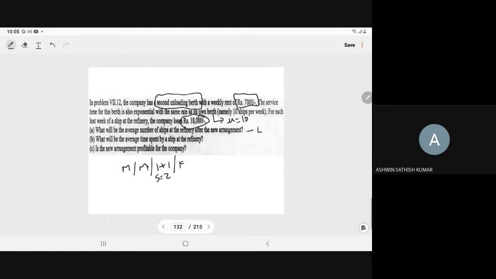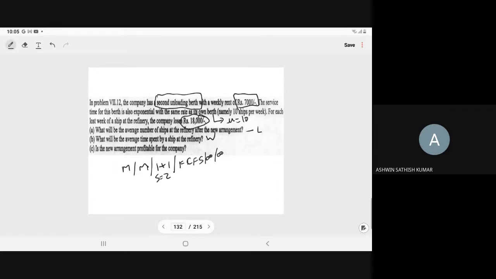Then we have FCFS, infinity and infinity. Now this is the multi-server model. For the multi-server, we have to compute L and W here. What will be the average time spent by the ship at the refinery?